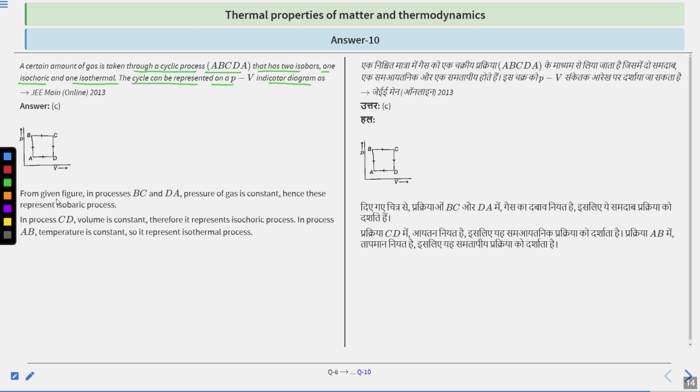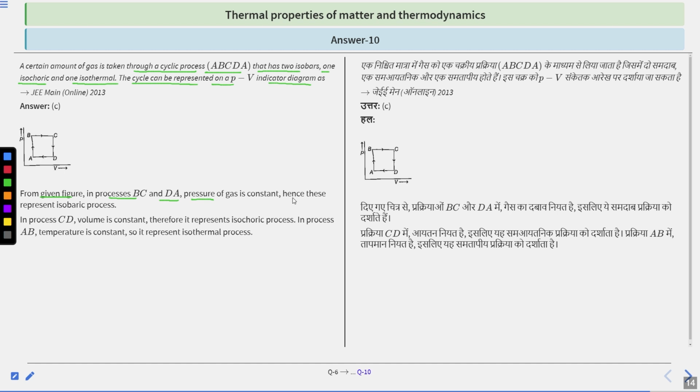So, from the given figure, in processes BC and DA the pressure is constant. This is BC, from here to here. So the pressure P, which is on the y-axis, is constant. Similarly, from D to A, the pressure is constant.